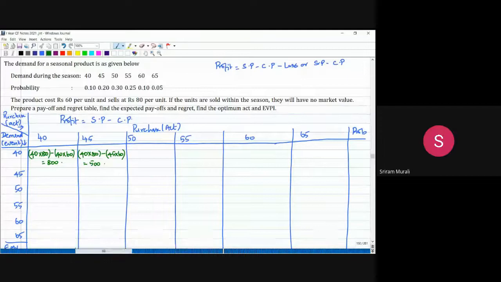So what about this case? Purchase 50: 40 into 80 minus 50 into 60, which is equal to 200.